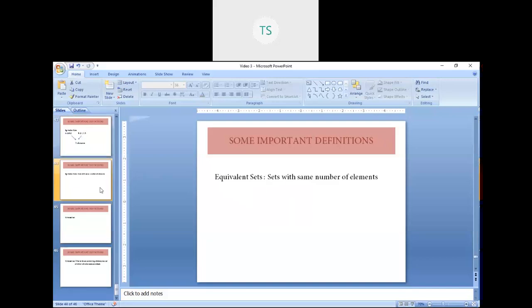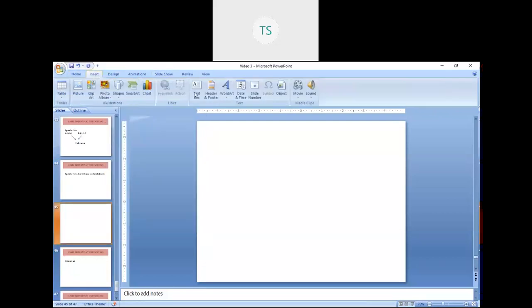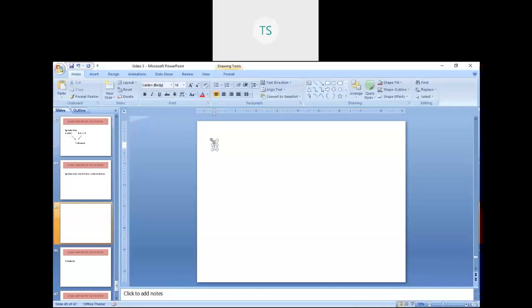And the next definition is the universal set. Now for the universal set, you need one more concept. So before going to the universal set, let's see what we mean by a subset. I'm giving one example: capital A is equal to 1, 2, 3 and up to 10, that is, capital A whose elements are 1, 2, 3, 4, 5, 6, 7, 8, 9 and 10.